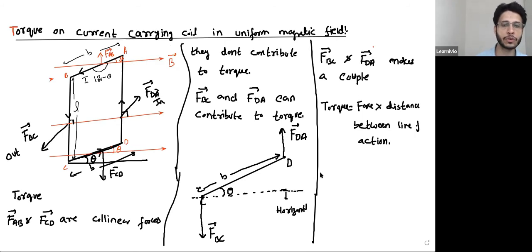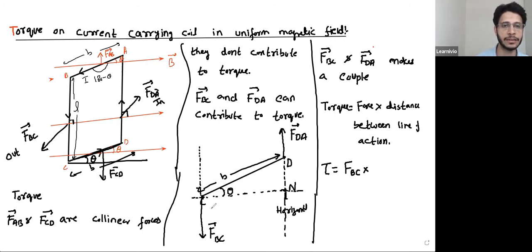Okay, so to calculate torque, I just write this as torque is force. You can take any magnitude of any of the force because both FDA and FBC have same magnitude. I take magnitude of FBC multiplied by distance between them. So this is line of action of first force. This is line of action of second force. Distance between both the line of action is this.